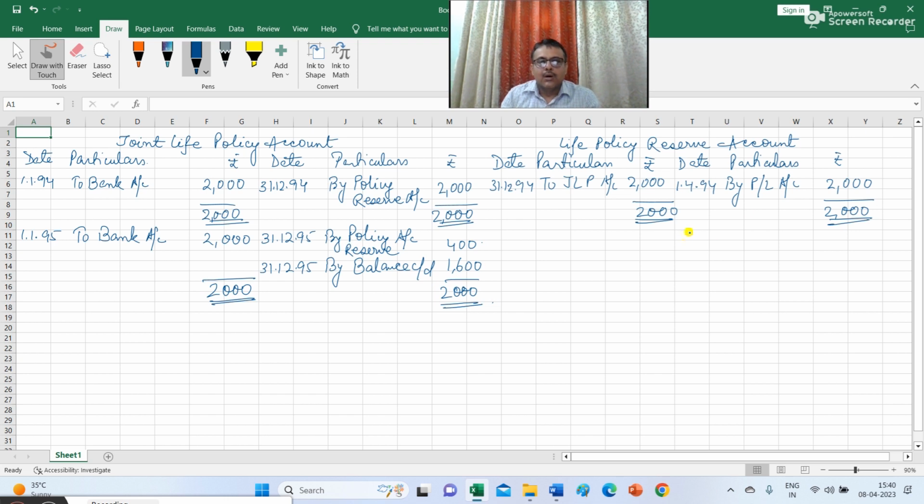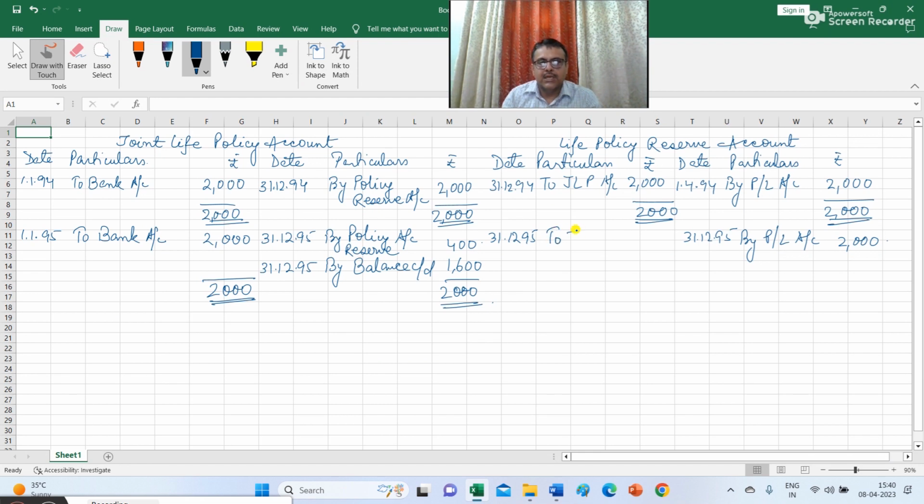Now on 31st December 95 I have to transfer this balance from profit and loss account rupees 2000, and on 31st December 95 you have to transfer this amount of 400 to policy reserve account.